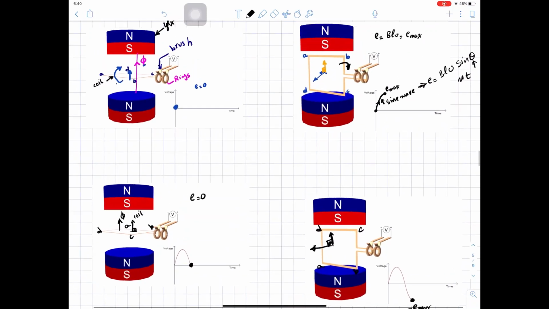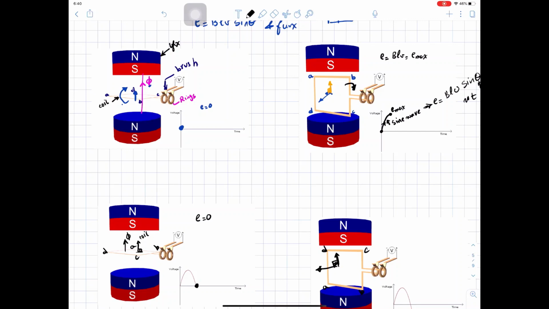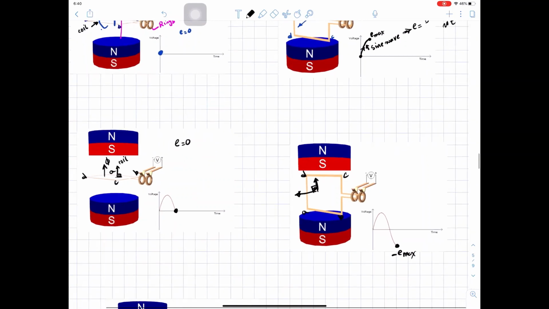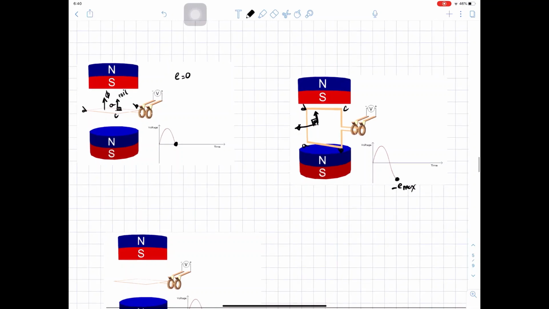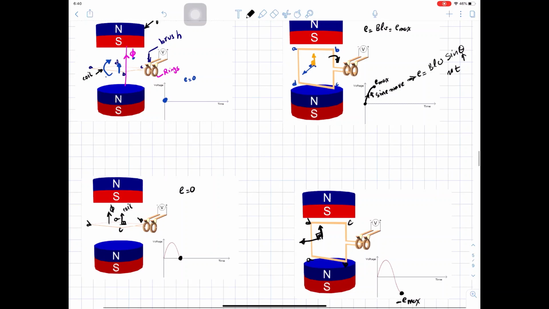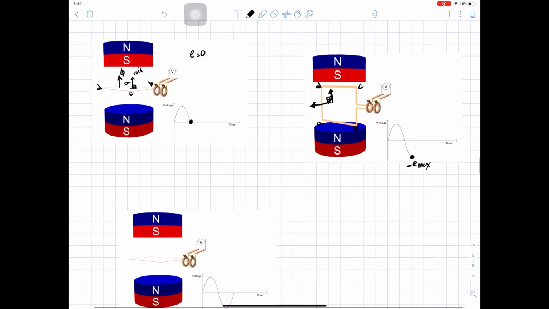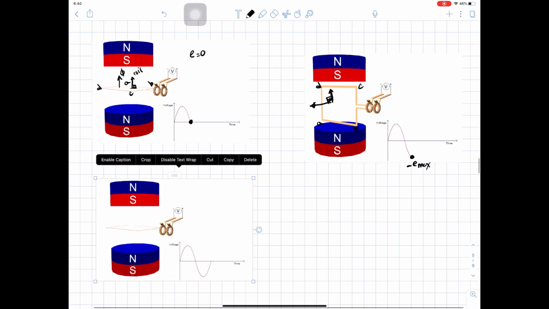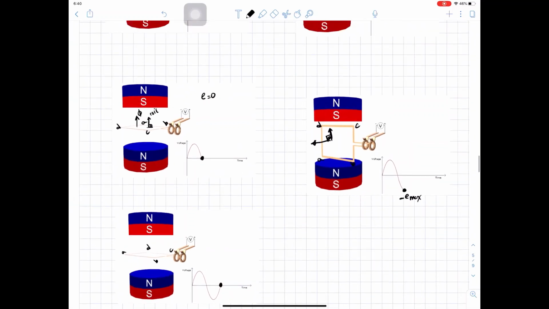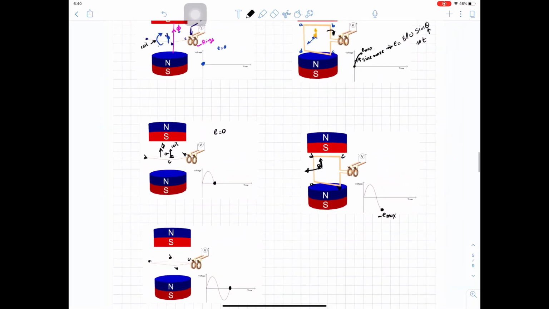You take the angle from the flux and you go to the plane direction. And in this case, the voltage will be negative E max. And finally, if the coil goes back to the horizontal position, the voltage will go back to 0. And now we did a complete cycle.